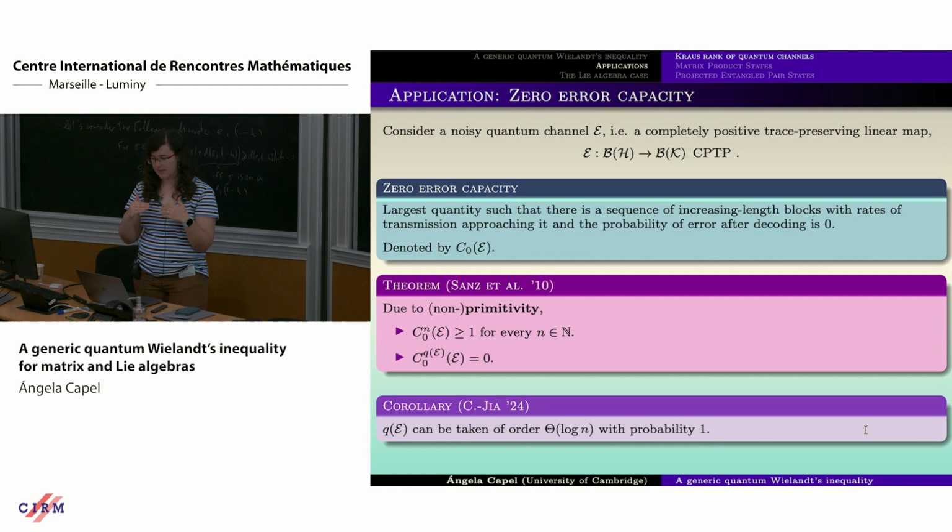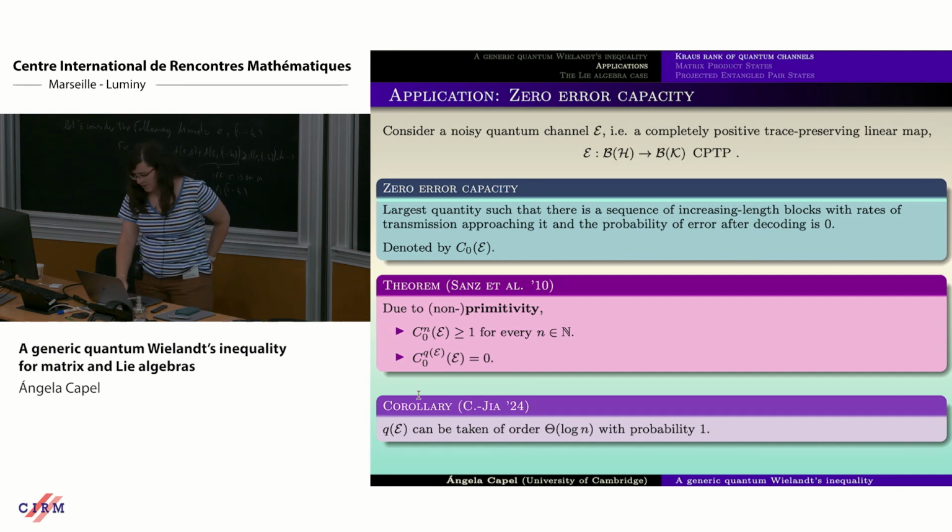So at some point you hit that the zero error capacity is 0, and this first moment in which you hit this result is the index of primitivity of the channel. And what we can actually see now, thanks to this result, is that with probability 1 you can take the index of primitivity of the channel to be of order theta of log of n, which means that in the dichotomic argument, in the second point, you can stop there at order theta of log of n. Okay, so this was very brief, but also just to put you in some relation with the thing that Sadvik is going to mention tomorrow.